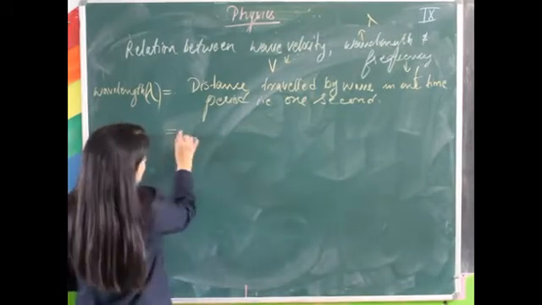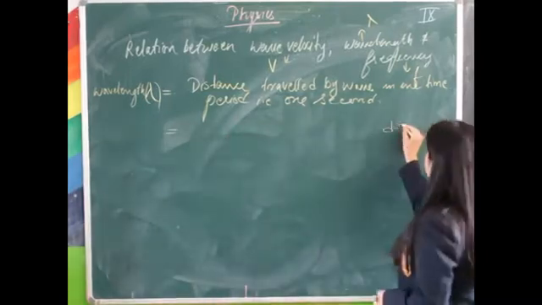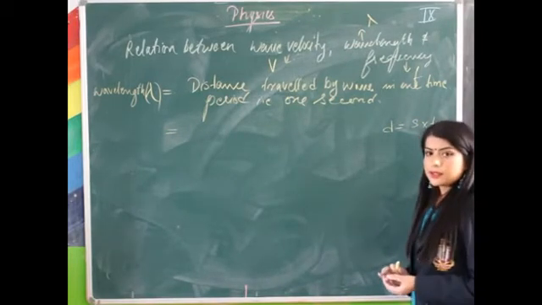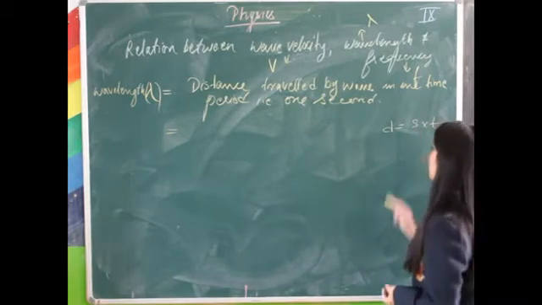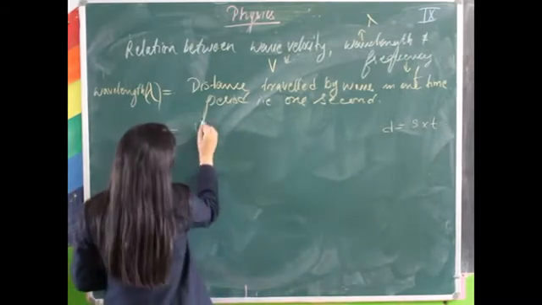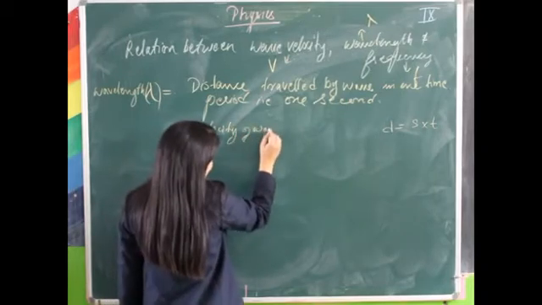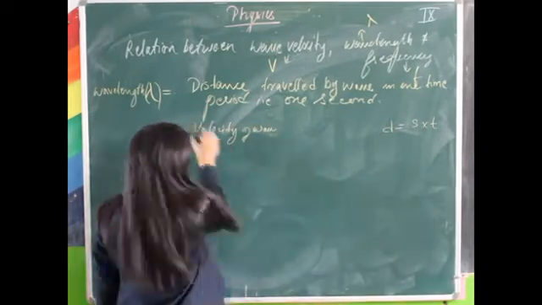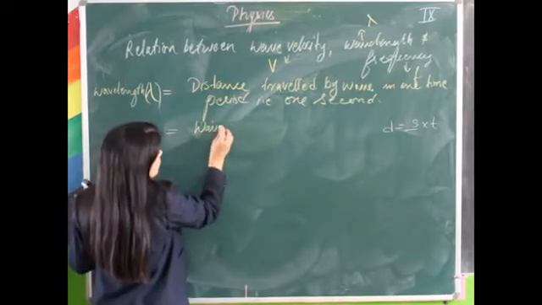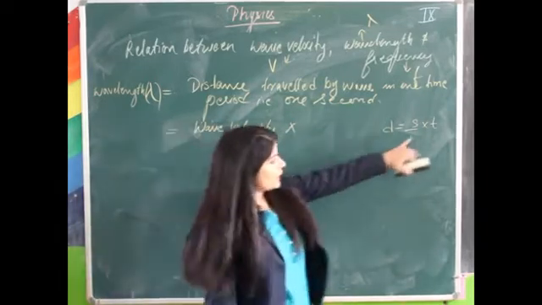So how do you find the distance traveled? Distance is equal to speed into time. Over here we are talking about velocity, so in place of speed we are writing wave velocity, into time.